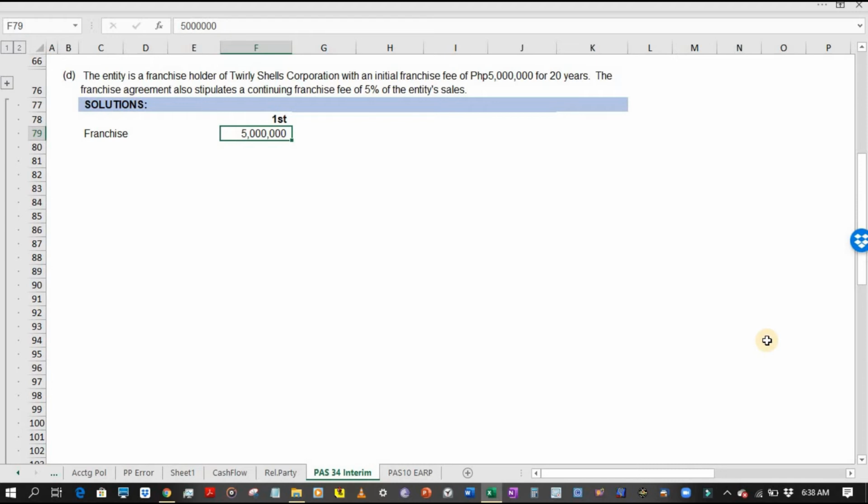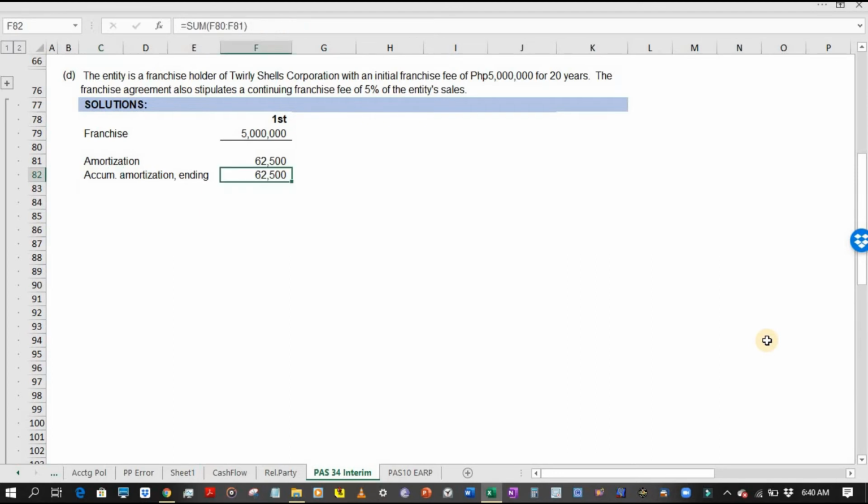So that is 5 million divided by 20 years divided by 12 months times 3 months. So the amortization expense for the first quarter is 62,500 pesos.